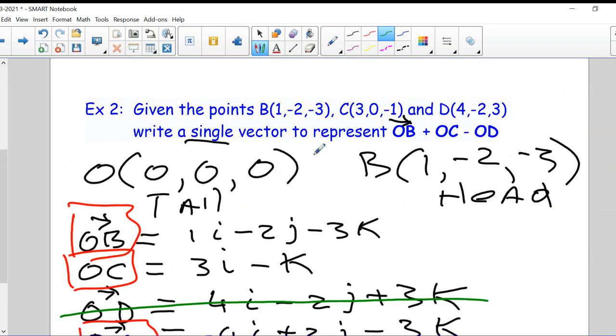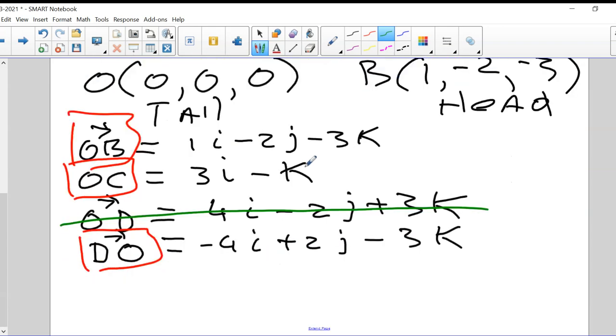What I'm looking for now is a single vector that represents the sum and difference. So 1 plus 3 is 4, and I'm adding that to minus 4. That means it's going to be the 0i vector, and that will disappear in a minute.